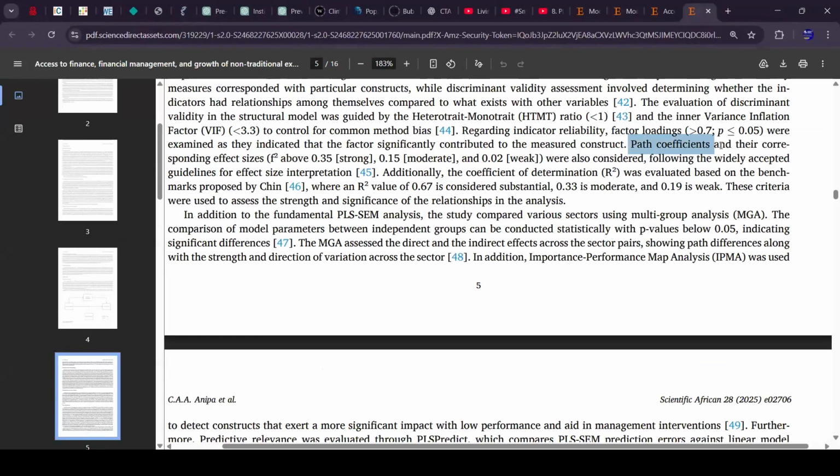The path coefficient and their corresponding effect size, that is F square.